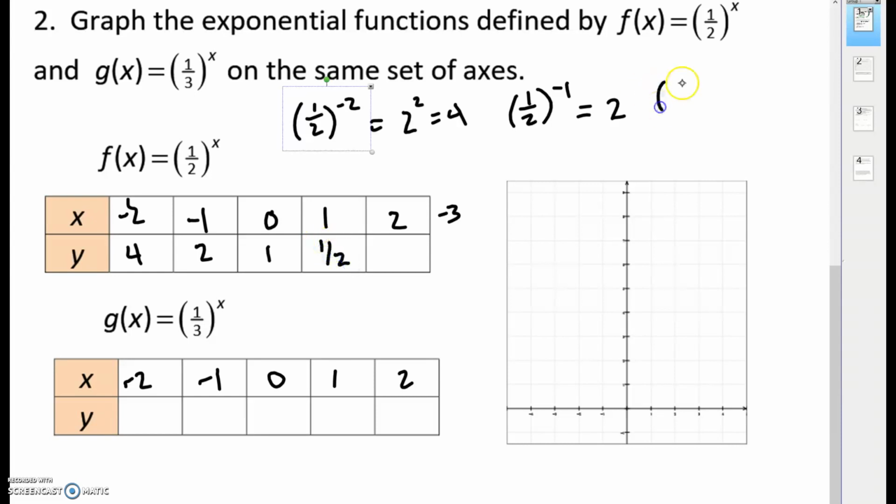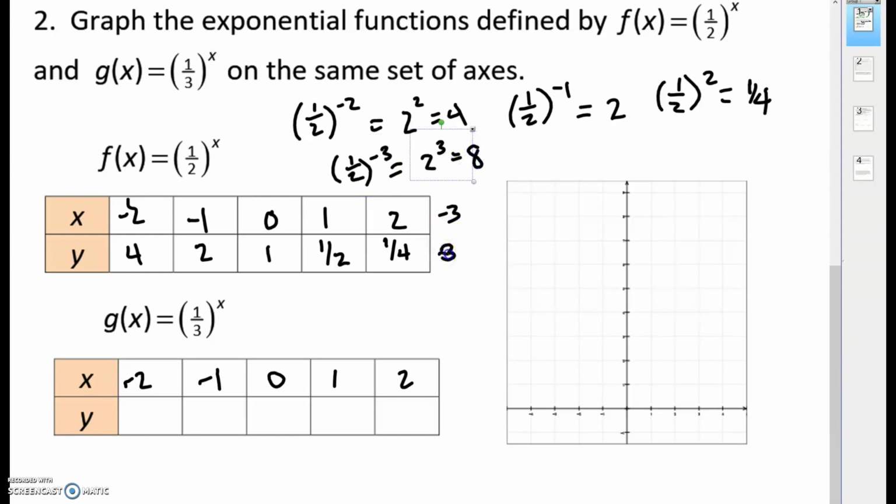And then 1/2 squared is going to get me 1/4. If I have 1/2 to the -3, that's the same thing as 2 to the 3rd, which is just 8.